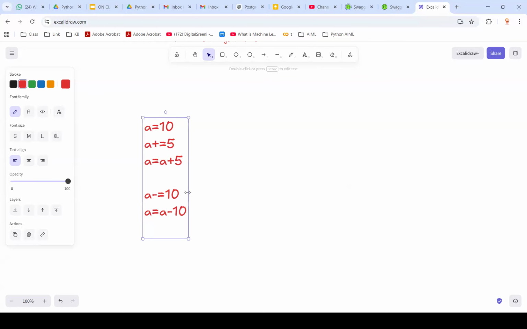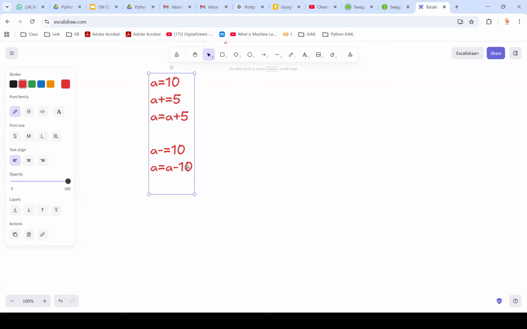Similarly, on the same line, we have one more assignment operator. A into is equal to 10. The meaning of this is A is equal to A into 10. Correct?